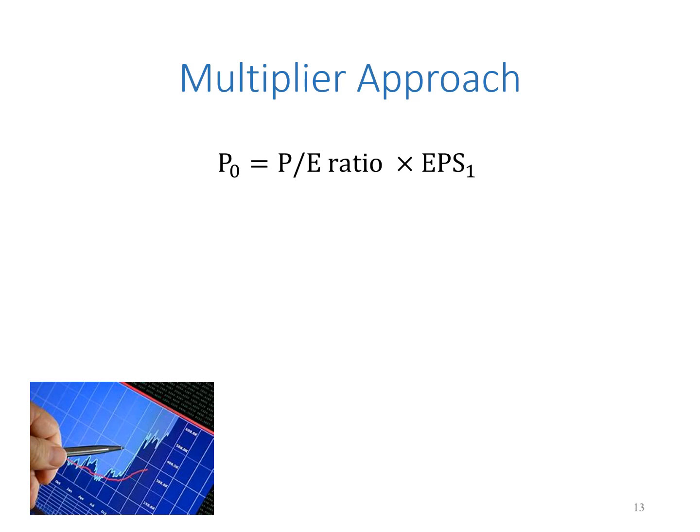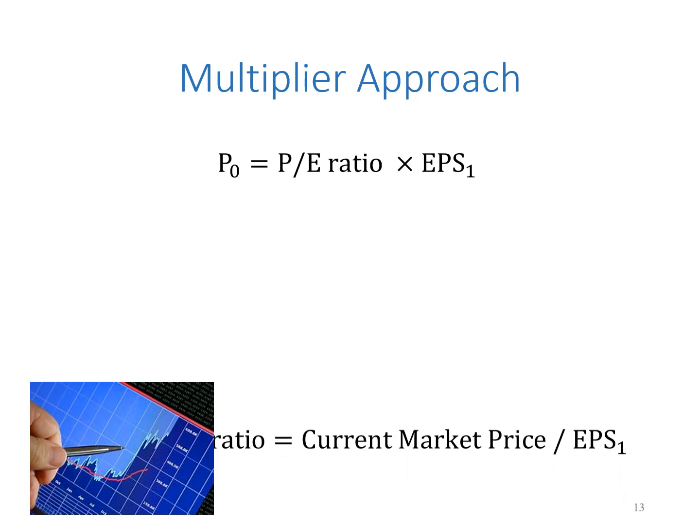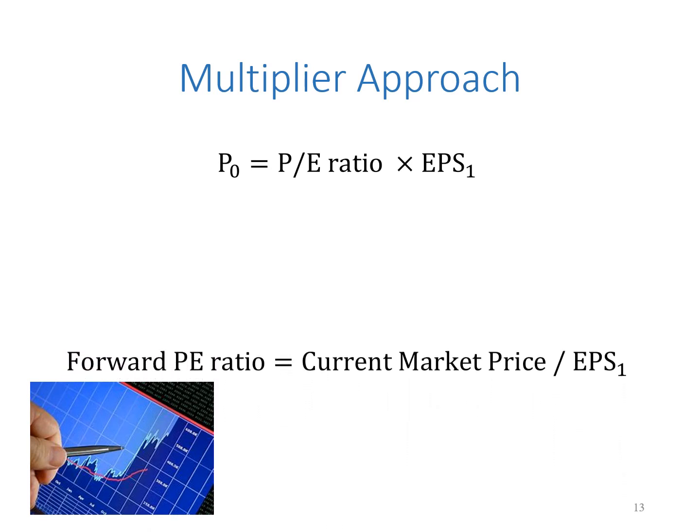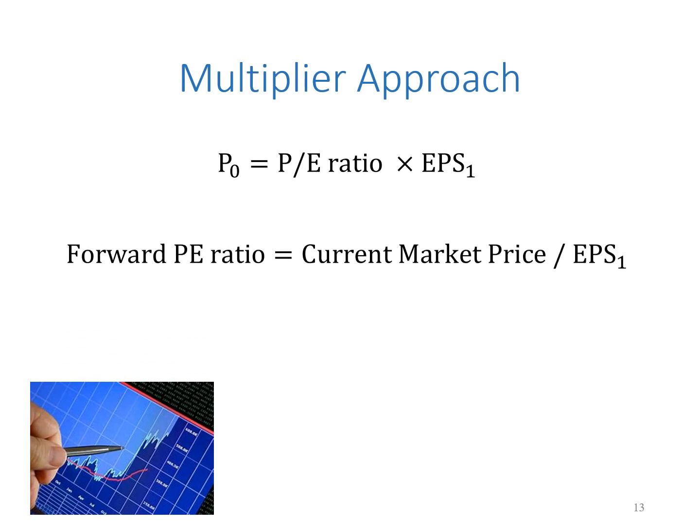P/E ratios are commonly determined in two ways. First, historical band, and second, premium or discount to industry average. The forward P/E ratio can also be calculated by dividing current market price with expected earnings per share in year one.